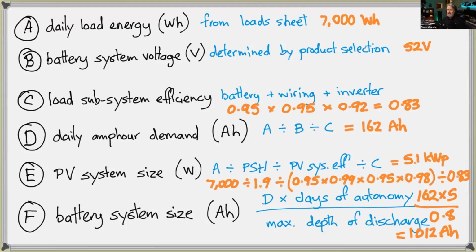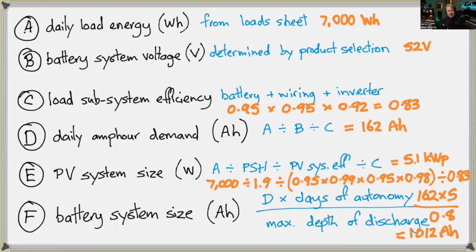There we go. So in this case I put in a 7,000 watt hour energy demand, which for a small dwelling would be reasonable for an efficient off-grid home. So 7 kilowatt hours per day of energy demand. But as you would have seen from your load sheets, it all depends on what appliances you have.